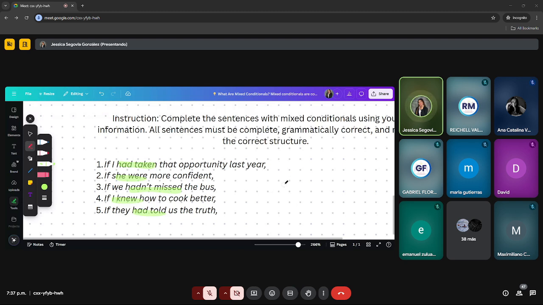But I will give you until 7:45 to complete these examples, and I want to hear what you write so I can be 100% sure that we are understanding the idea of identifying the different types of mixed conditionals. Okay, so take the following 7 minutes until 7:45 to complete these five sentences.